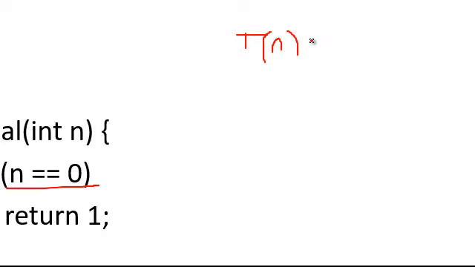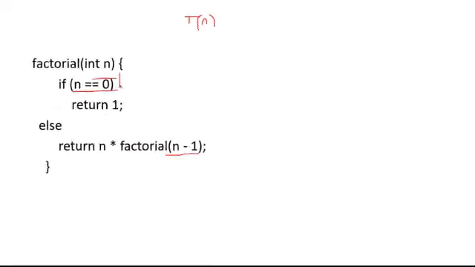When we try to analyze time complexity of a program, we make an assumption that each simple operation costs us 1 unit of time. So if we see for n greater than 0, we first compare it with 0, which is one simple operation. So this costs 1 unit of time.